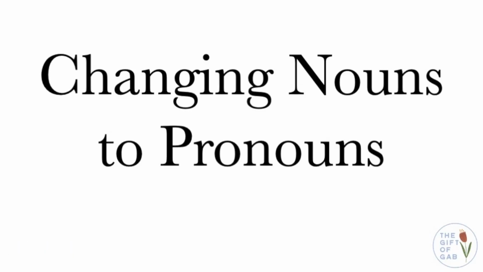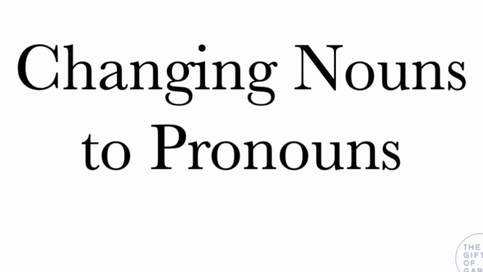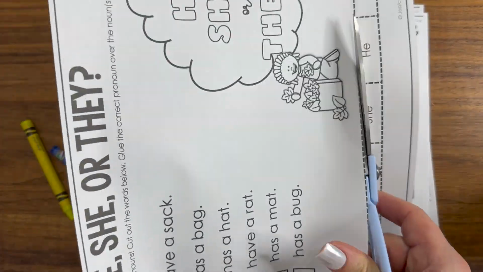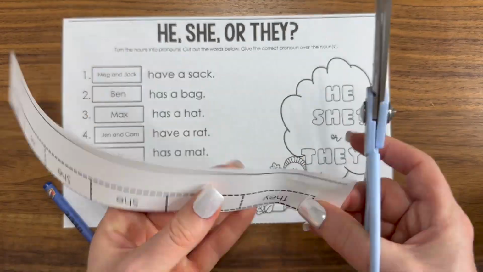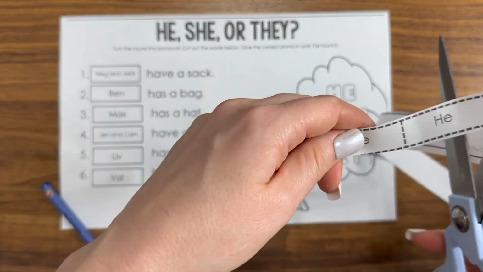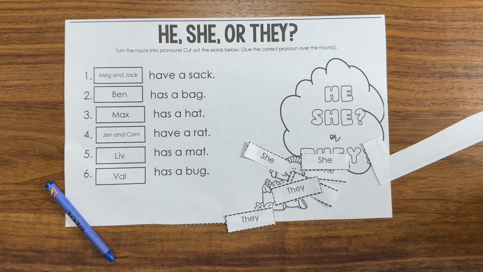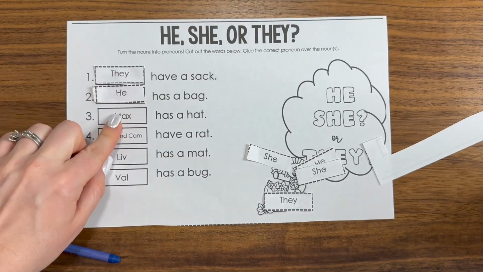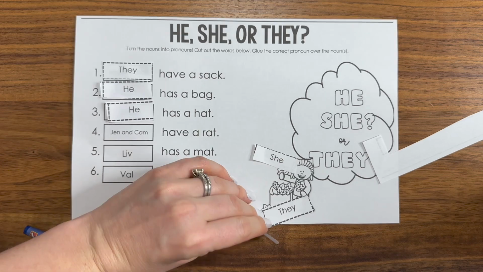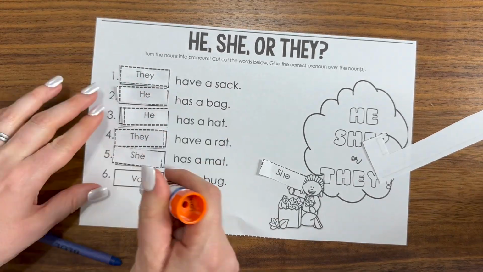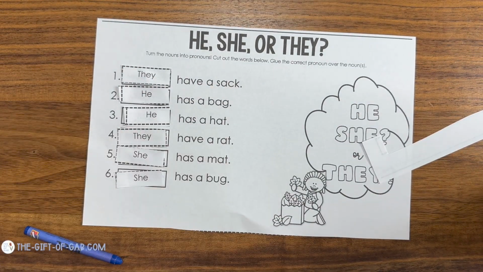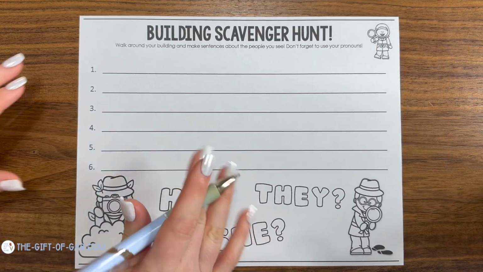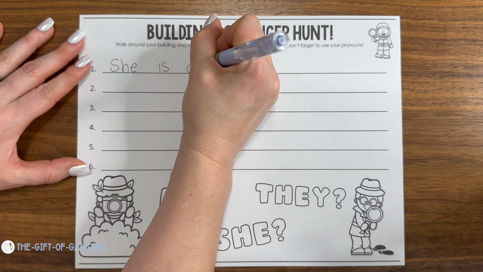After that, we practice changing nouns into a pronoun. For example, I might give them a sentence that says a name, such as Ben, and they must change that to the pronoun he. To make things a little bit more challenging, we go around the building and we do a building scavenger hunt of pronouns.